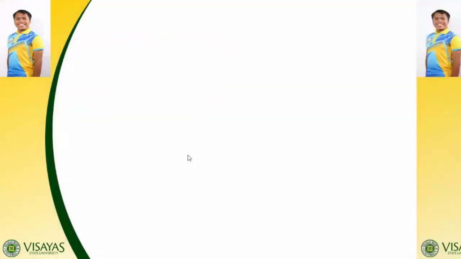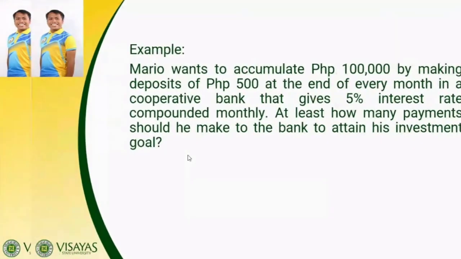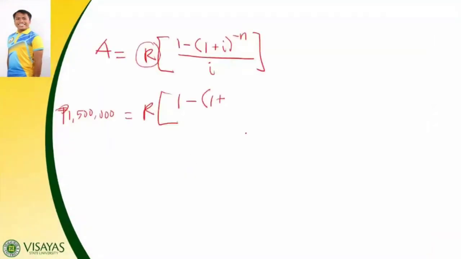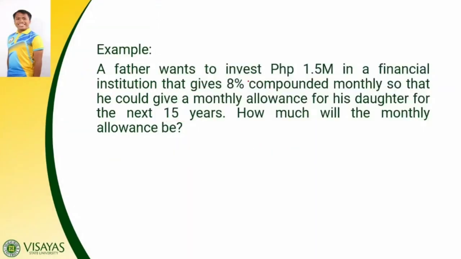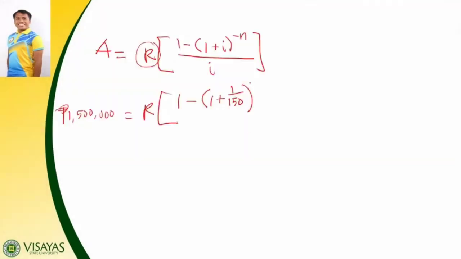Sorry, I skipped ahead. So 1 plus I, where I is 1 over 150, or 0.006 something, raised to our n, which is negative 180, over 1 over 150.